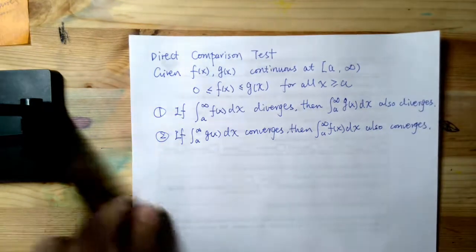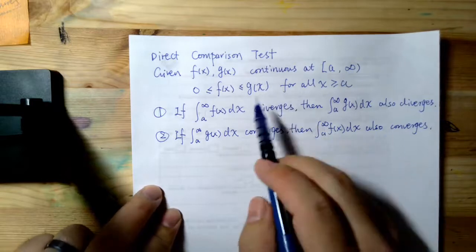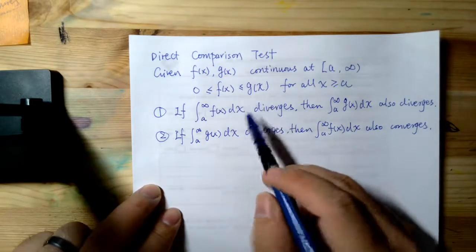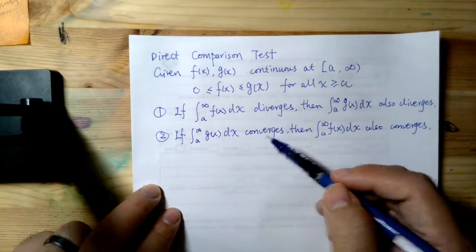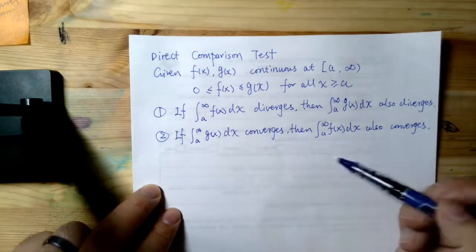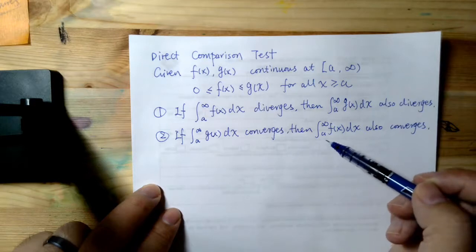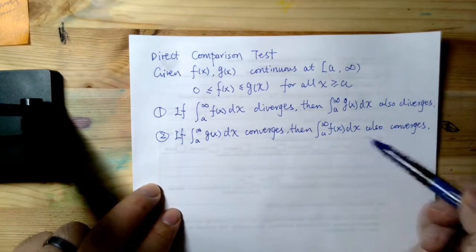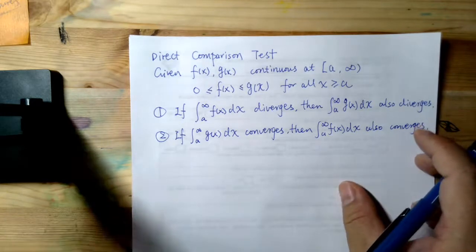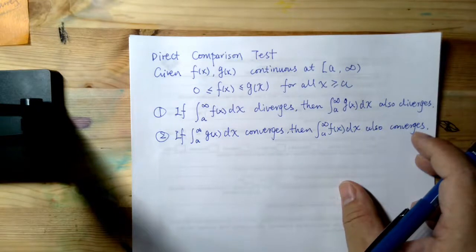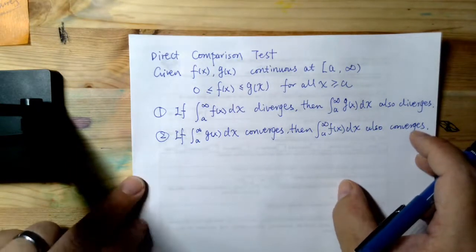That means if the larger integral converges, in other words bounded, then the smaller integral from a to infinity of f(x) dx will also converge, bounded. So that's the basic idea. Now let's look at one example here.